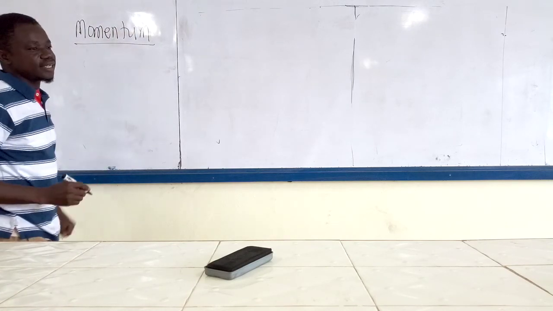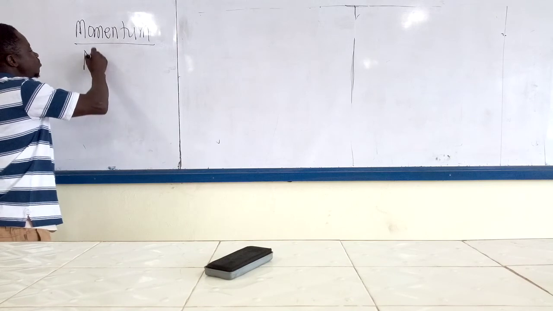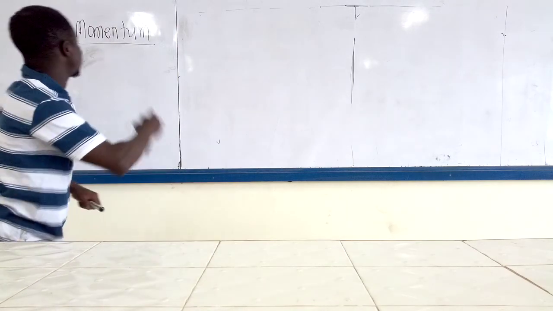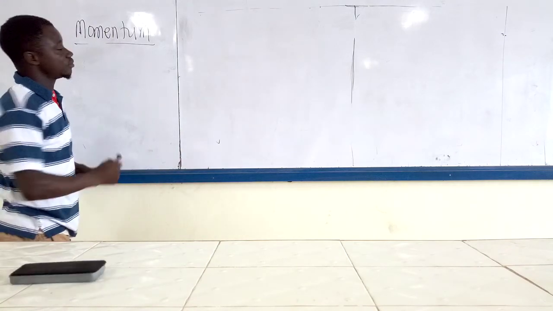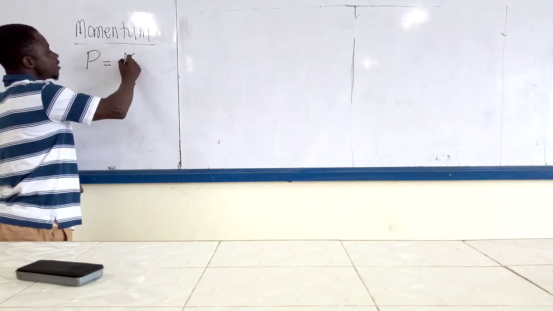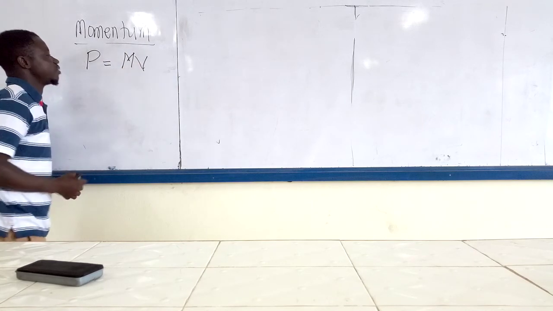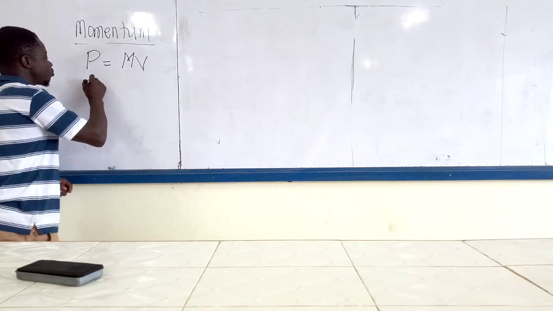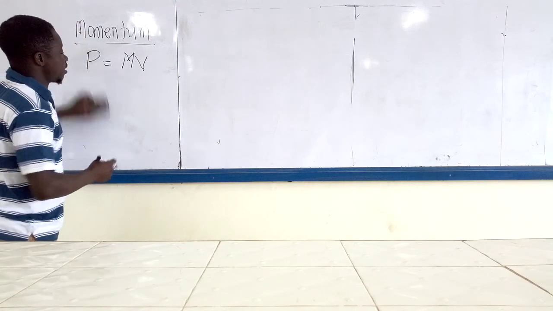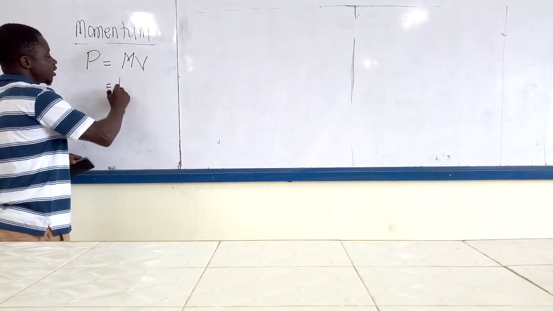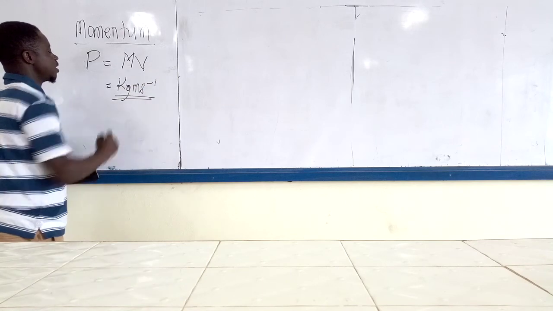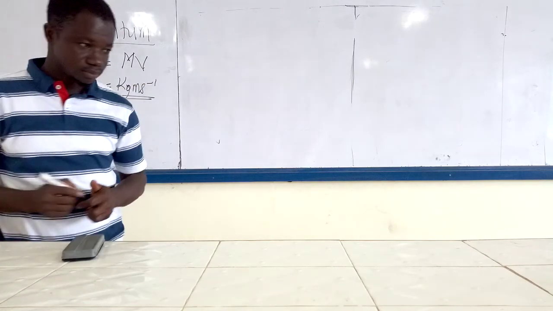We have already said that momentum is the product of mass and velocity of a body. So the unit for momentum is kilogram meter per second. This is the unit for momentum.